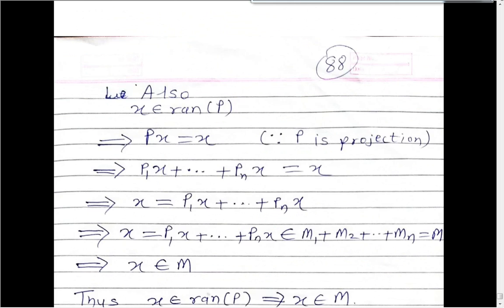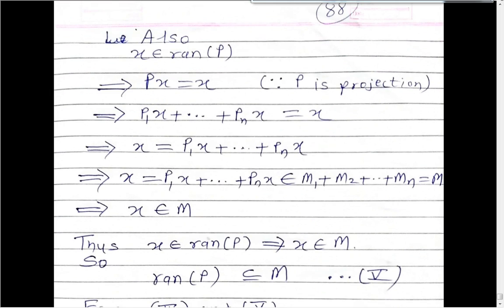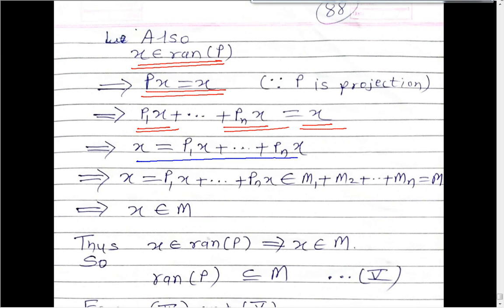In the next argument, consider if x is in the range of P, then Px is equal to x. This implies that P1x plus P2x plus ... plus Pnx is equal to x. So x is equal to P1x plus P2x plus ... plus Pnx. Now clearly P1x belongs to M1.